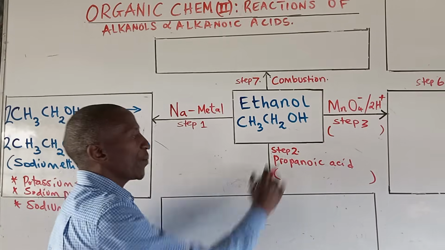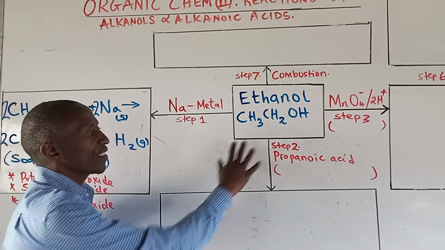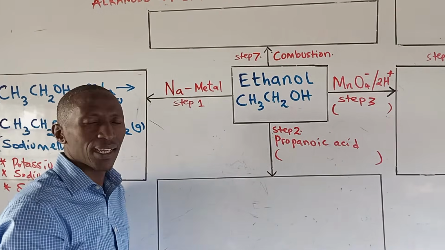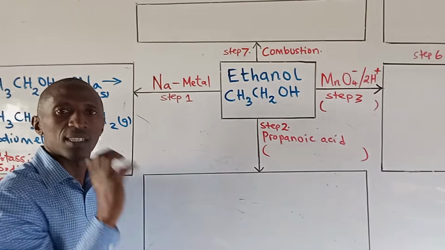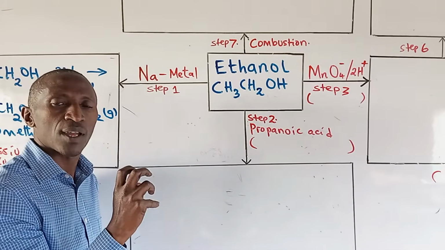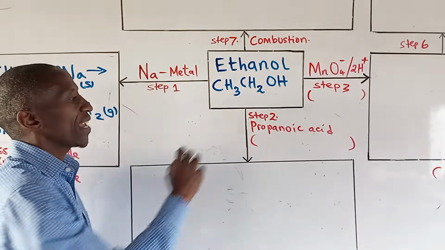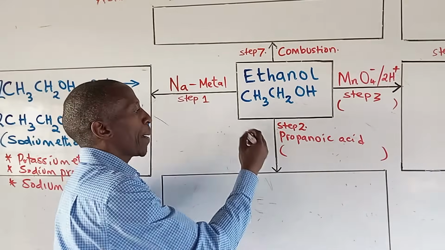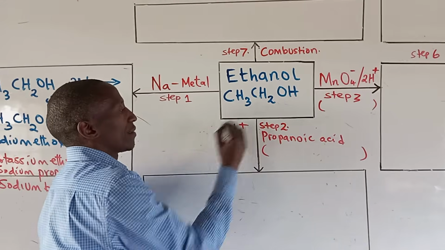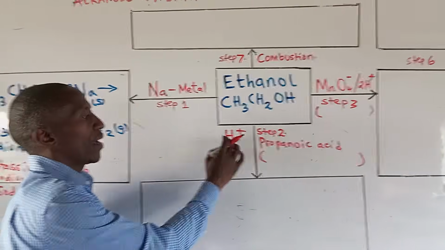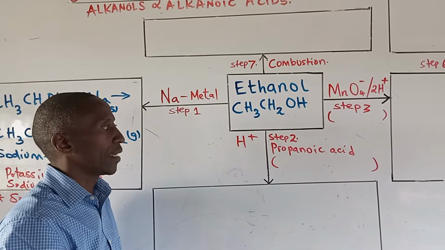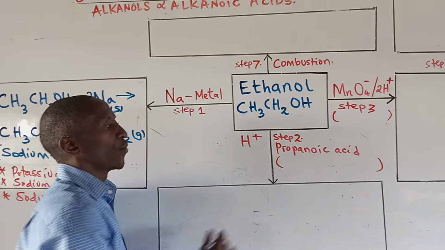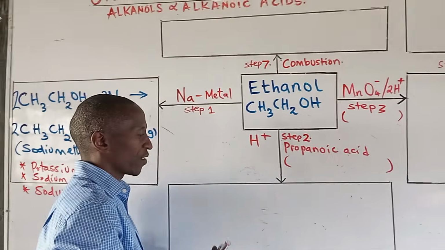Let's look at step number 2. In step number 2, we are seeing the reaction of an alkanol. This time around, we have taken ethanol as our representative alkanol, reacting with propanoic acid in presence of sulfuric acid. That kind of process, we call esterification.